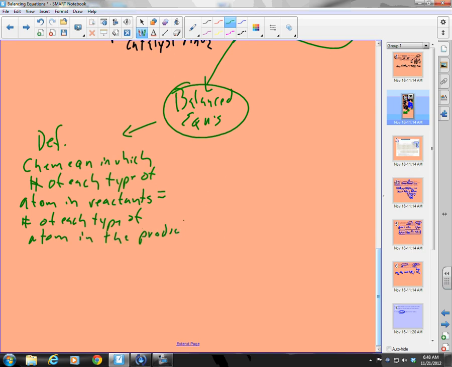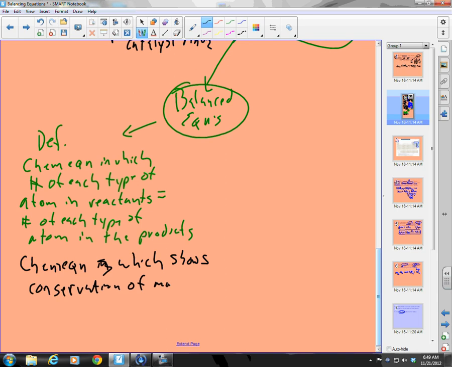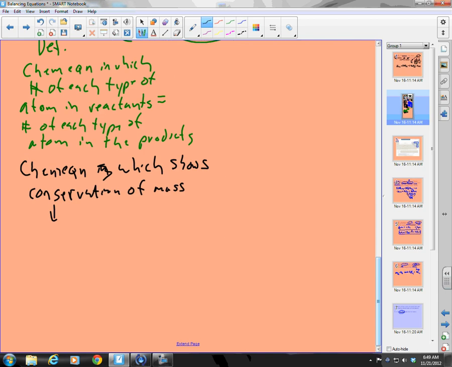I guess another way to say this is, and I don't like that green, that doesn't look very good, it's a chemical equation which shows conservation of mass. And what's conservation of mass? That simply means mass is neither created nor destroyed.